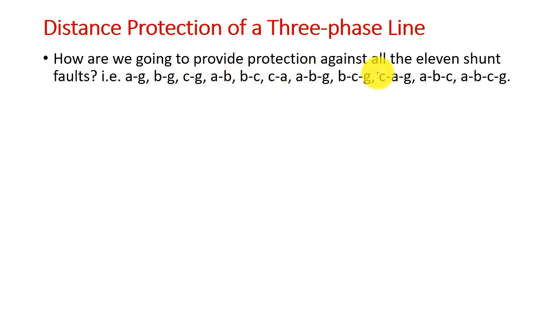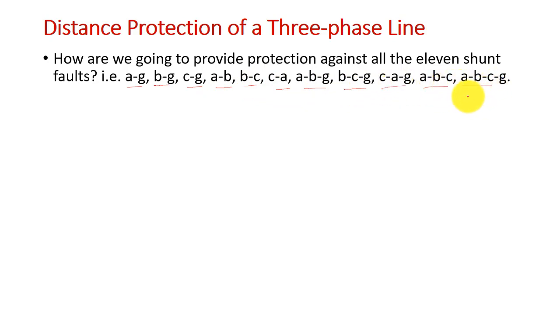We know that 11 shunt faults happen, including the phase faults and the ground faults: A to G, B to G, C to G are the ground faults, and A to B, B to C, C to A, ABG, BCG, CAG, ABC and ABCG.